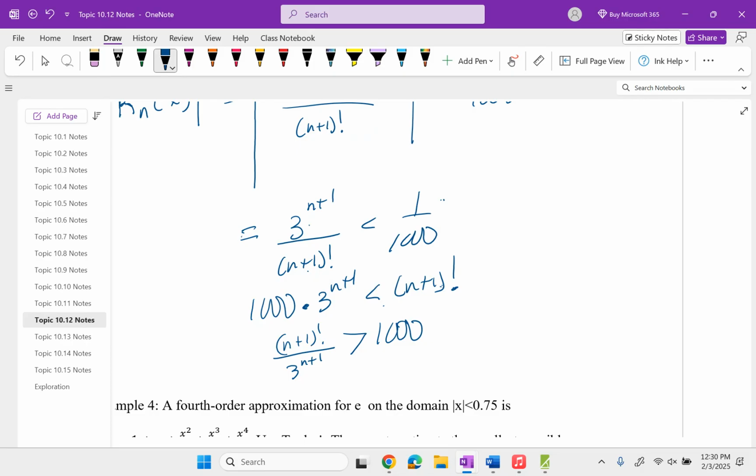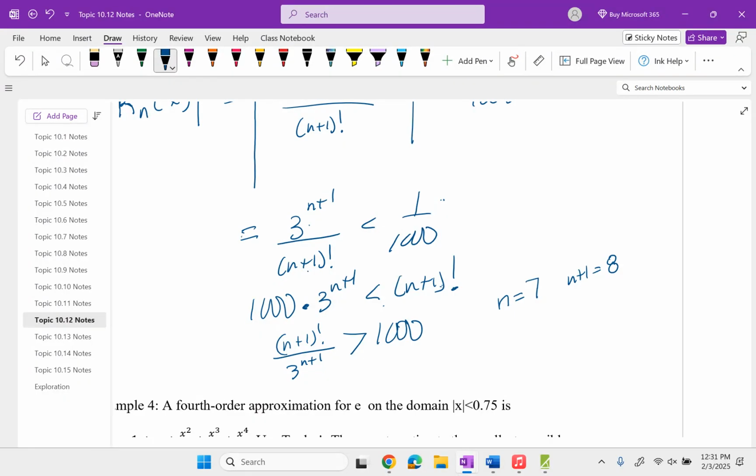Okay. So I'm just going to start plugging this into my Desmos. Okay. So I'm going to make a guess that n is equal to, let's say 7, which means that n plus 1 is equal to 8. And we're going to see what value that comes out to be.